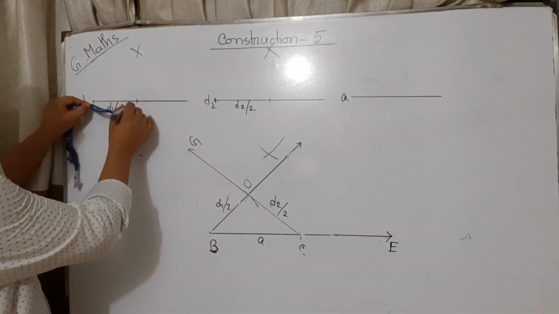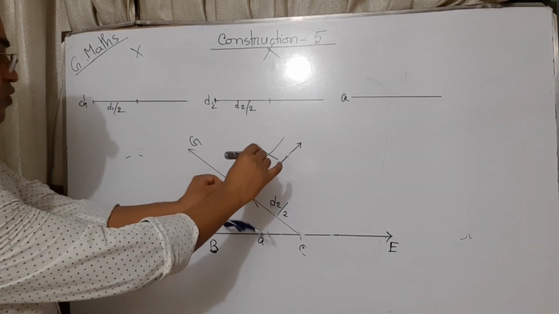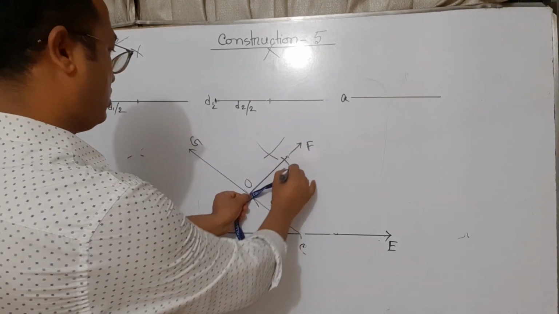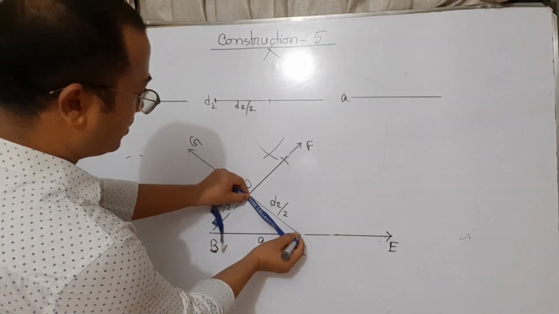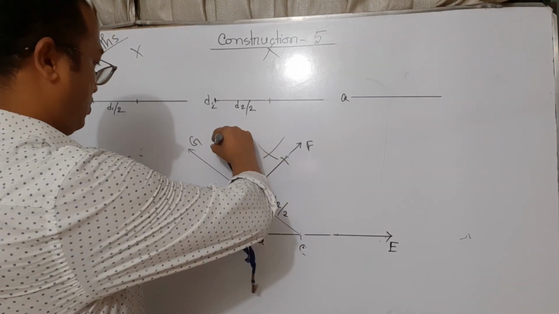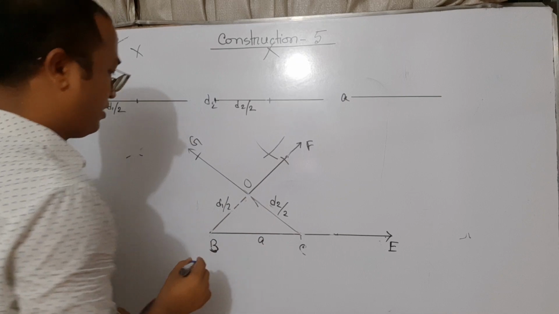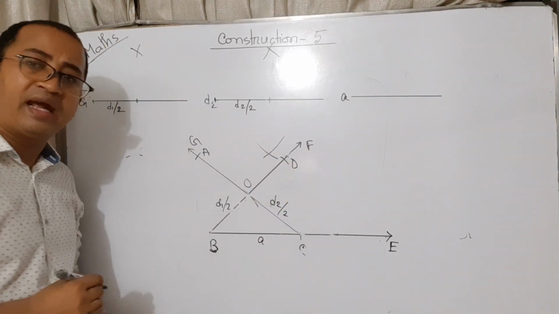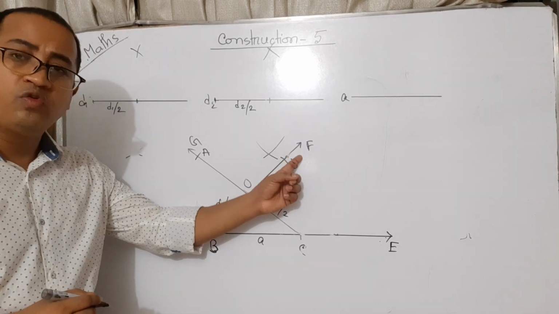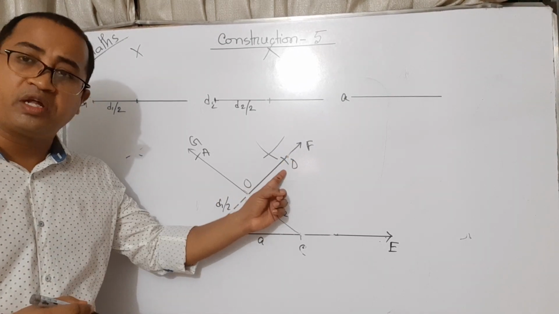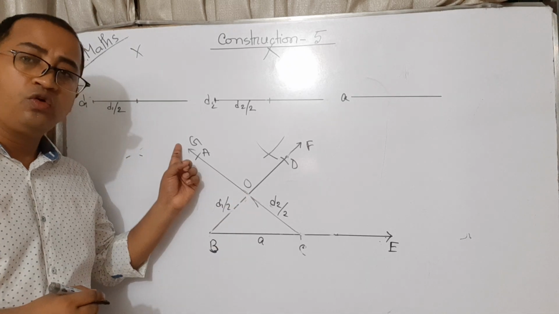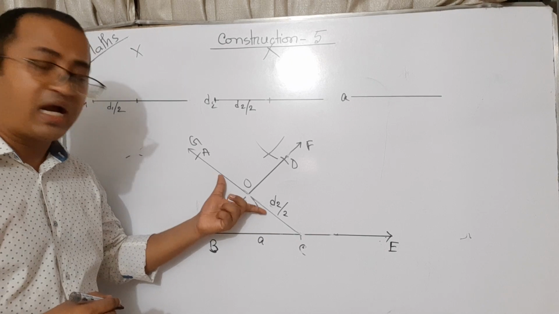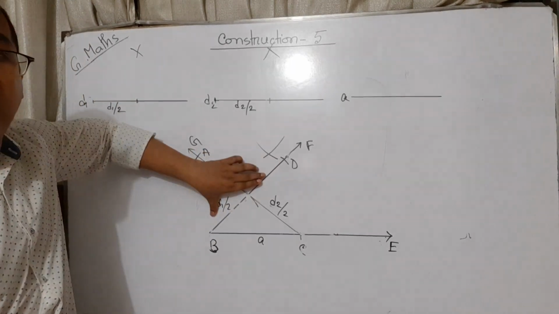So take half of D1 from OF and half of D2 from OG. So this is OA and this is OD. Again, from OF we take half of D1 equal to OD, and from OG we take half of D2 equal to OA. So it becomes diagonal 2 and it becomes diagonal 1.